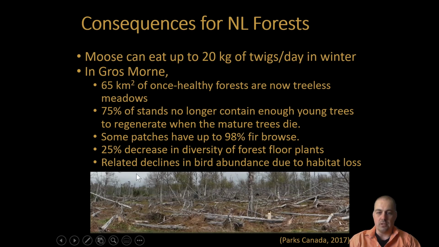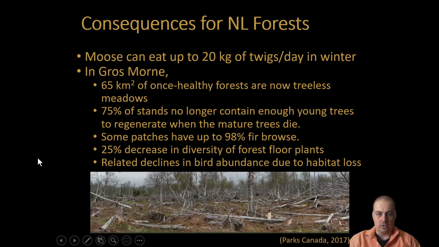So this is again similar to what happened in Yellowstone. Just because you bring wolves in doesn't mean you're going to get simple effects on elk, which is going to affect aspen. You also get huge effects on several other species, including birds, etc.